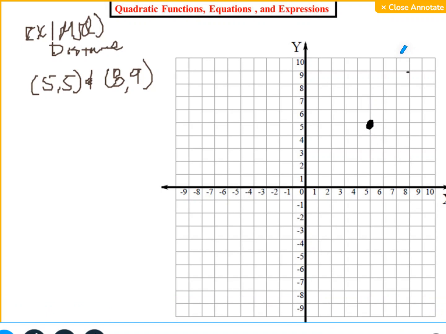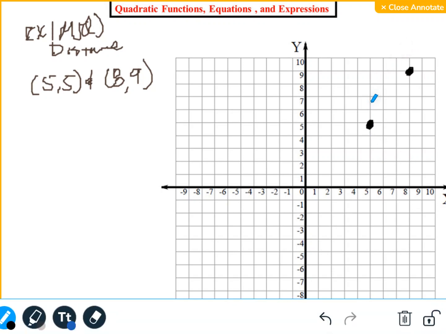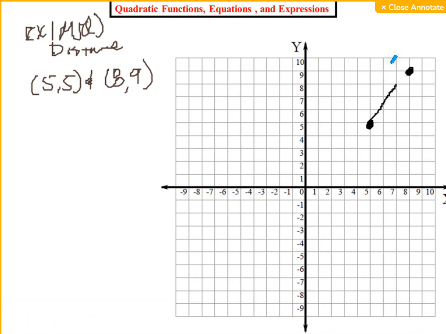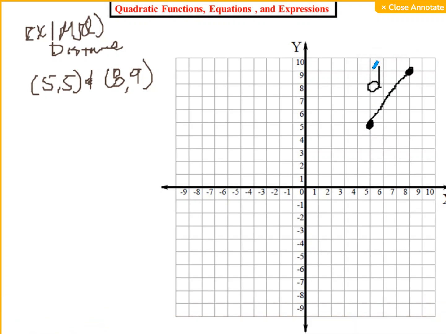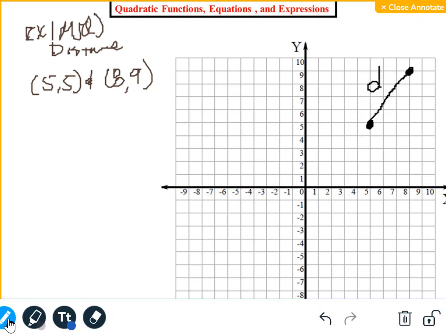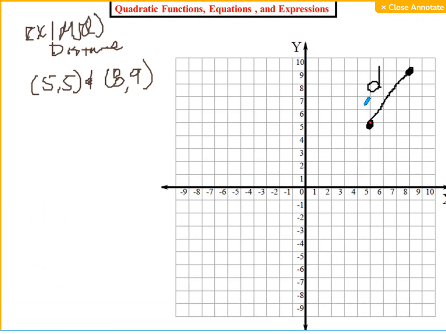8, 9. And they want the distance, so that means from here to here. And what do we label that, everyone? D for distance, okay. And the base, you guys see the base? Right there.